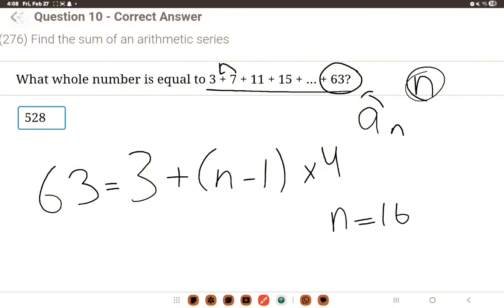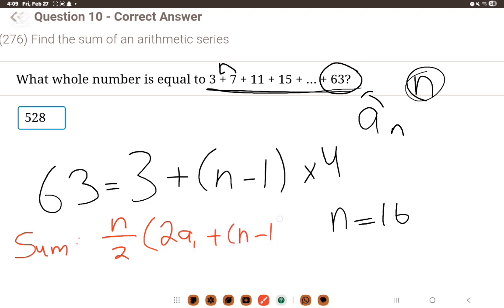Now they want the sum. What's the equation for the sum? It's n over 2 multiplied by 2 a1 plus n minus 1 multiplied by d. That's it.